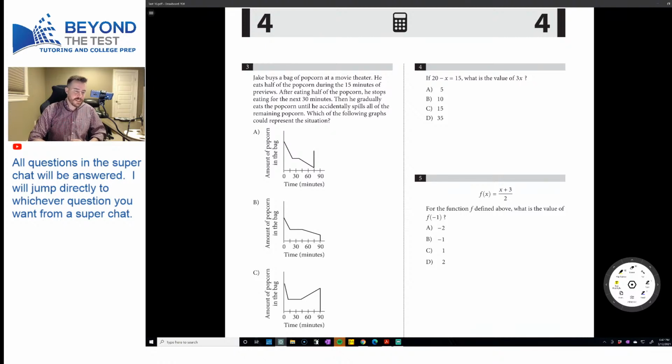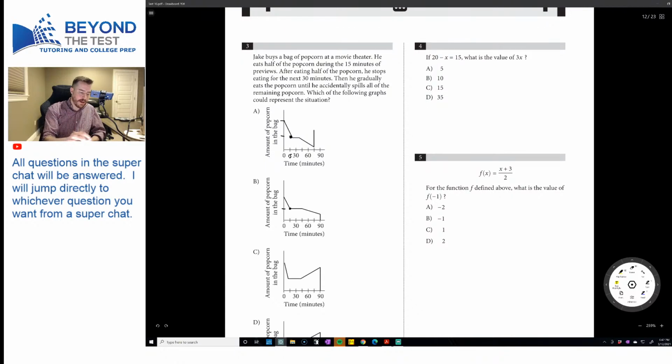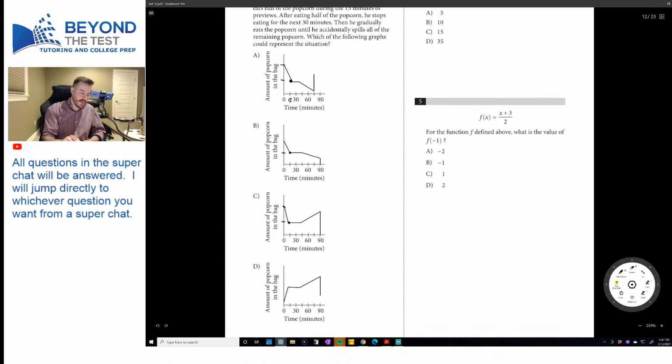Okay, so let's take a look. He buys popcorn. He has all the popcorn in the bag. But within the first 15 minutes, it gets cut in half. Let's look at some of our charts here. Here's 15 minutes. So at 15 minutes, he's right here. That looks about halfway where he started. Okay, for this one, same thing. That could be about halfway. Here, 15 minutes, that looks about halfway from where he starts.